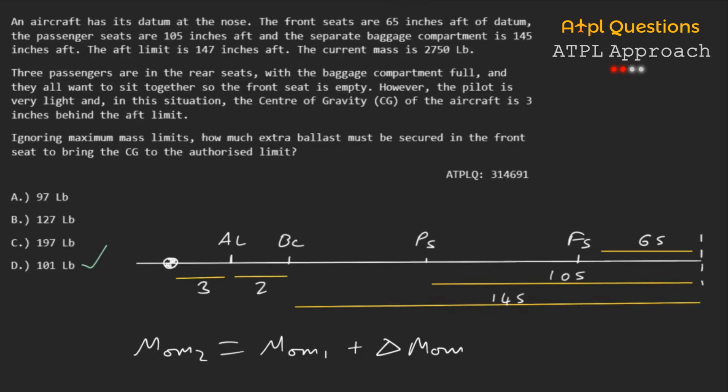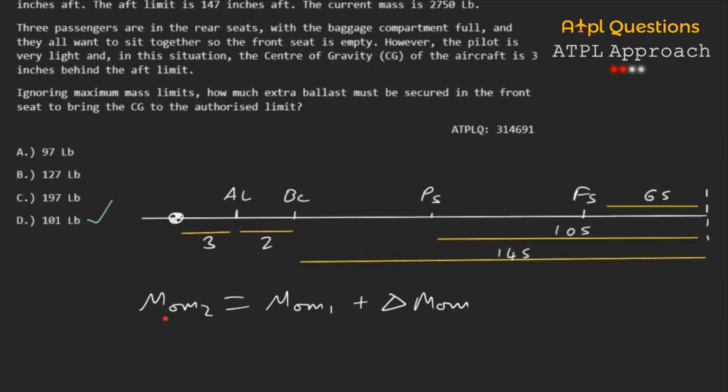We know that a moment in this context will be the mass multiplied by the distance. Our new moment is going to be our old mass plus our ballast mass B. Let me just write that here. So 2,750 plus B multiplied by our new center of gravity position, which will be on the aft limit, which we can see from here is 145 plus 2, which gives us 147.